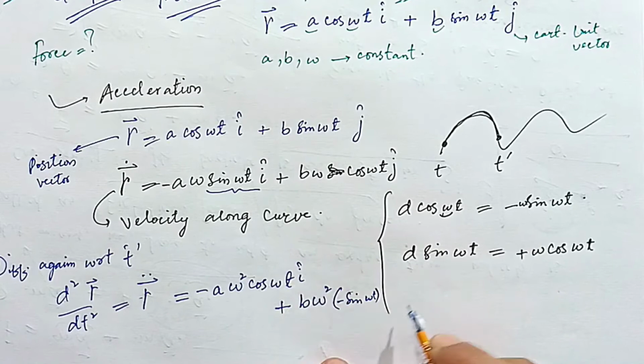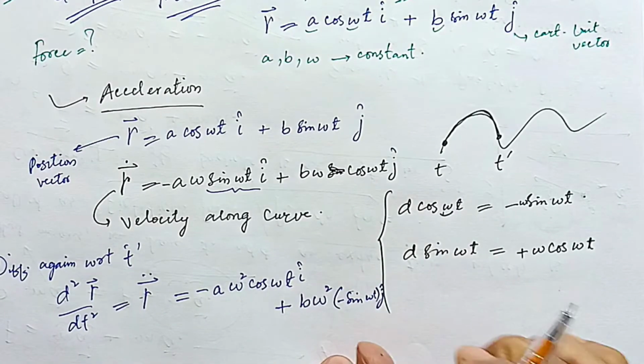This will be along the i-axis and this will be along the j-axis.